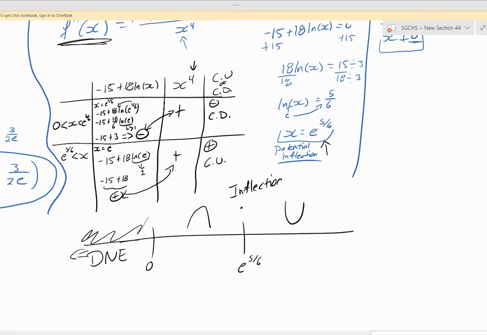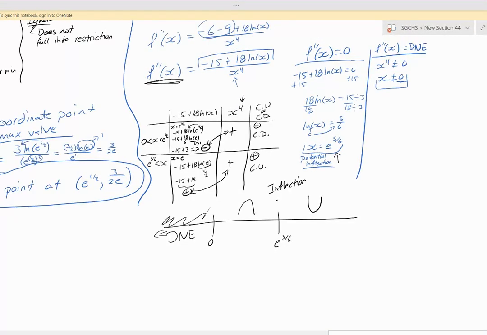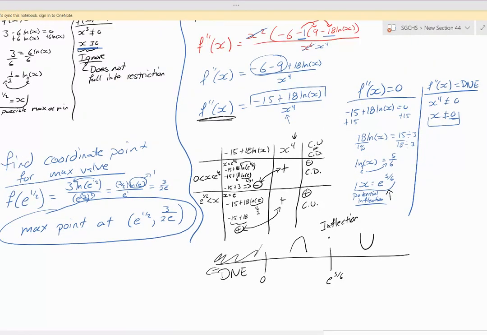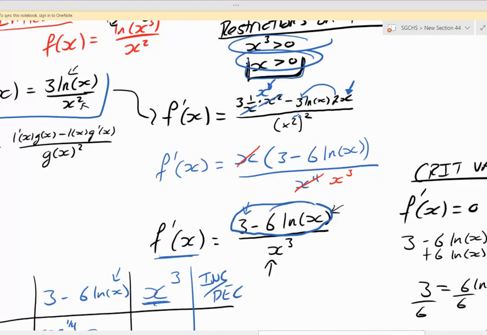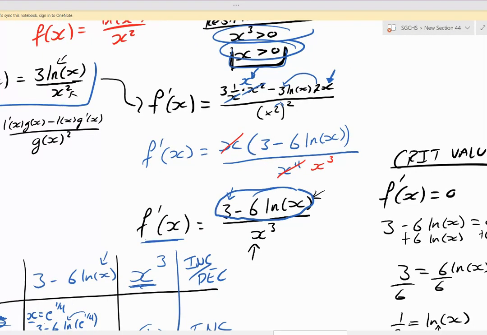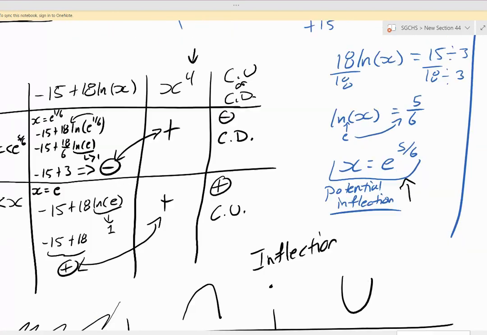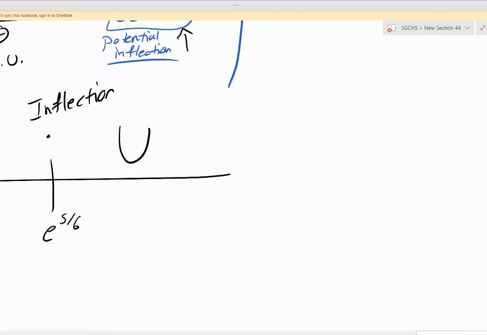Now we've found our spot where our inflection point is in terms of our x-coordinate. Now we just have to find our y-coordinate. So that means we're plugging it into our original function, because remember, we're talking about what our original function looks like. So our original function equation is f of x equals 3 ln of x over x squared. So let's plug in and figure out where the inflection point is.